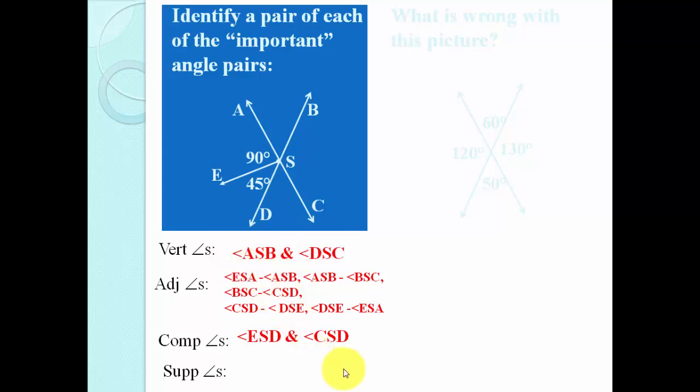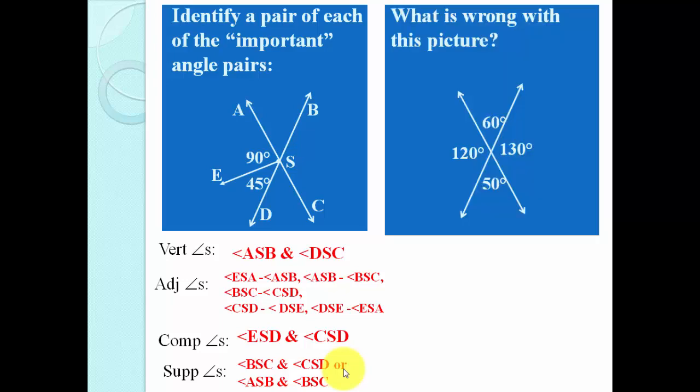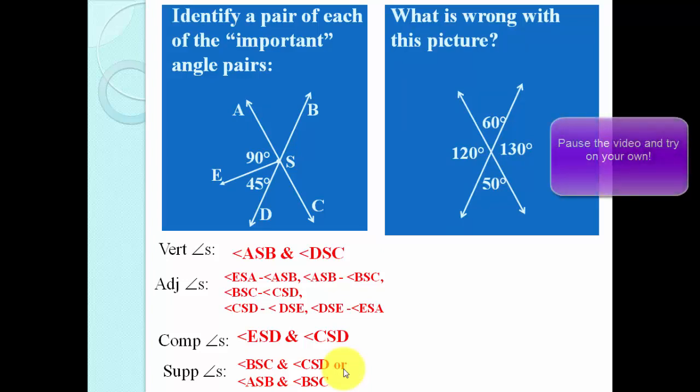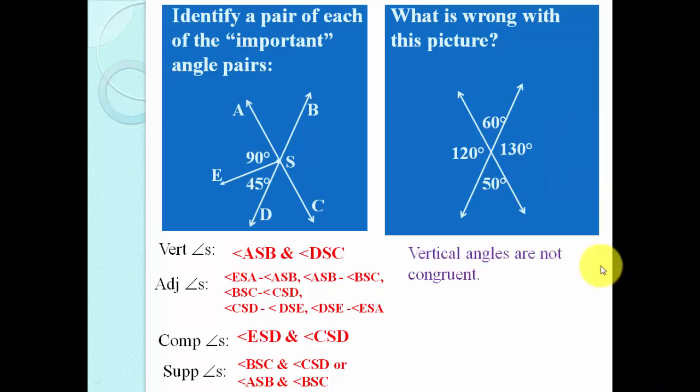Now for supplementary angles, you could have picked angle BSC and angle CSD, or you could have picked angle ASB and angle BSC. Next example, you need to pick out what is wrong with this picture. Well, there are two things wrong with this picture. First of all, the vertical angles are not congruent.